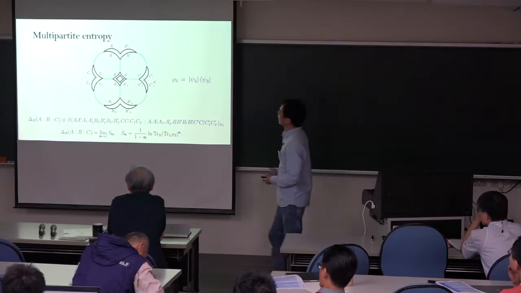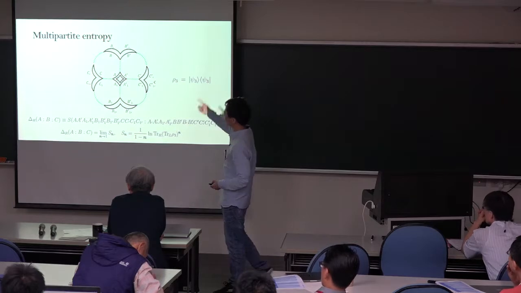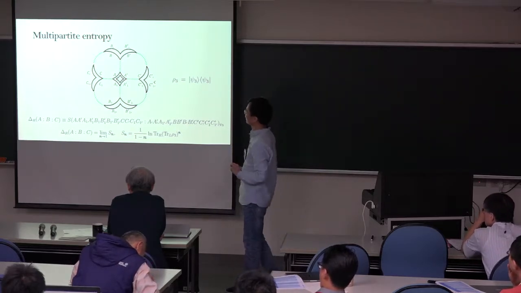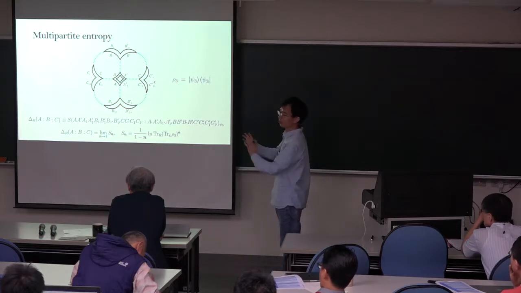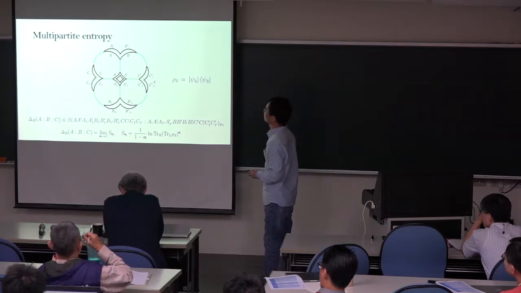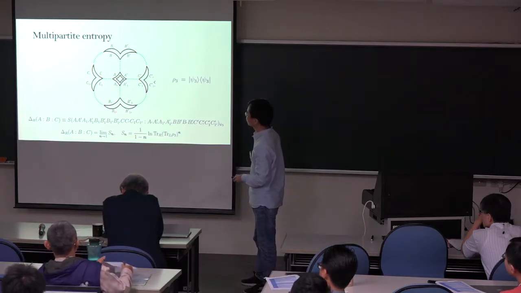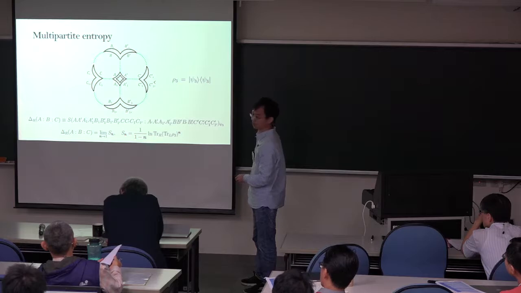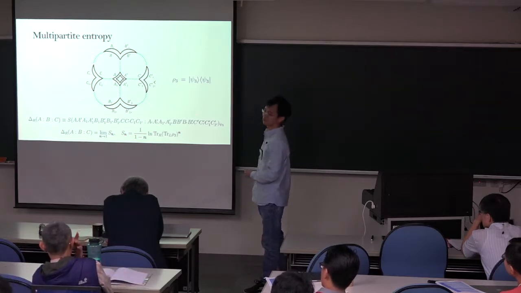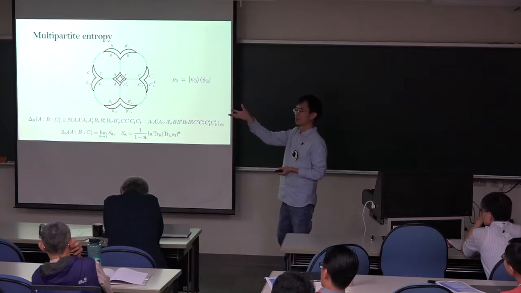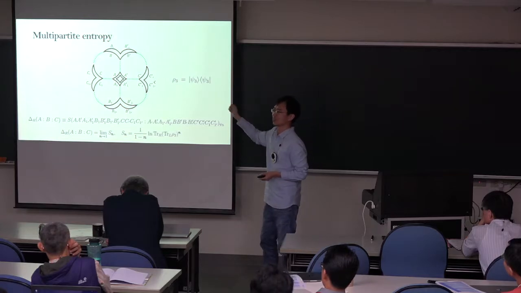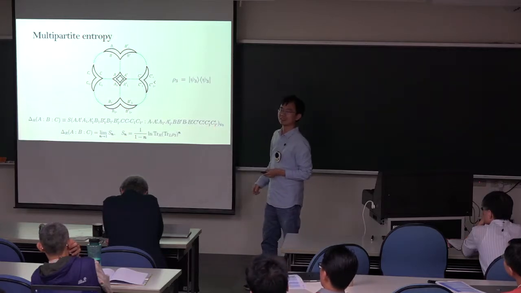As said previously, we want to draw some red curves to bipartition the eventual big pure state to define the von Neumann entropy. Whenever I do that, I can define the von Neumann entropy, which is a well-defined quantity. In this case, I'm particularly interested in some bipartition which satisfies the permutation invariance, meaning that you cyclically take A to B, B to C, C to A, and this quantity will be invariant.